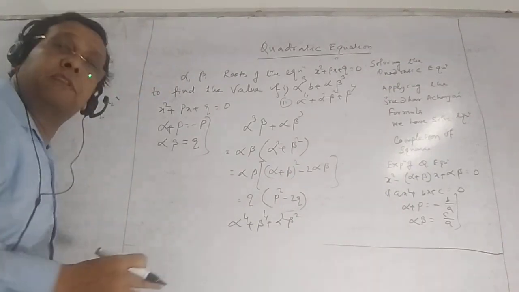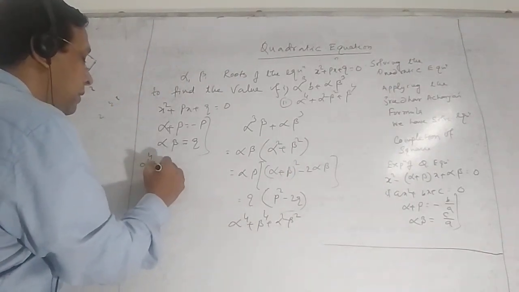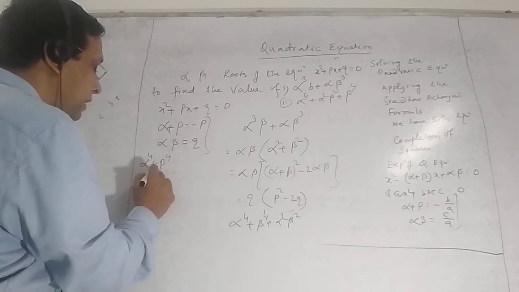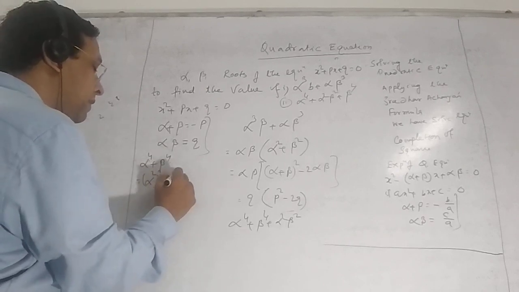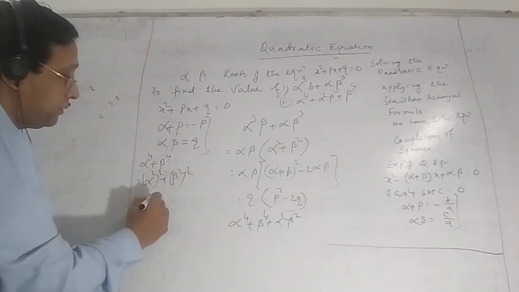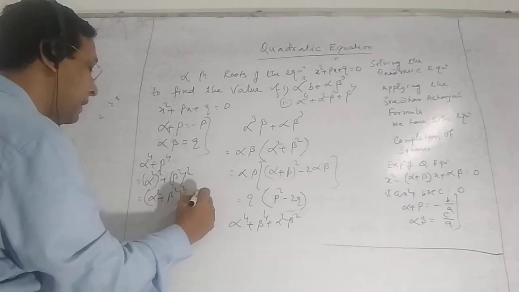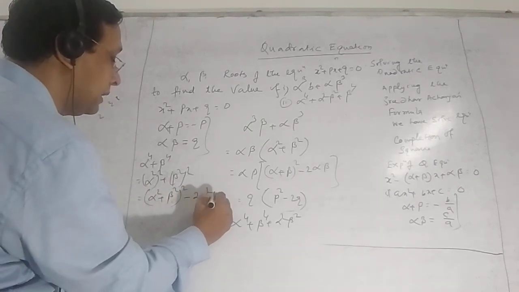You can find this value separately, because alpha to the power 4 plus beta to the power 4 means alpha square whole square plus beta square whole square. Here again you apply the a square plus b square formula: alpha square plus beta square whole square minus 2 alpha square beta square.